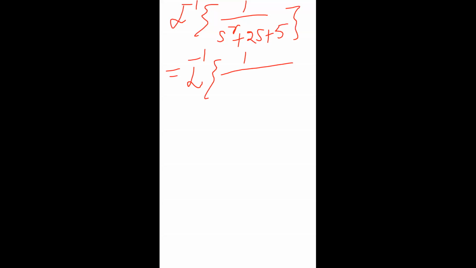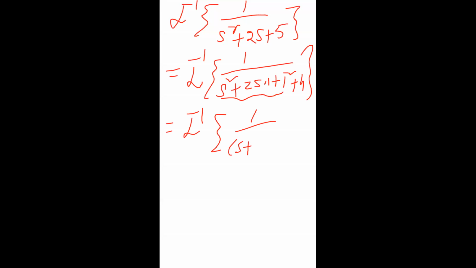So L inverse of 1 by s square plus 2s plus 5, we have to convert as 1 by s square plus 2s into 1 plus 1 square plus 4, in the a plus b whole square format. So here a is s, b is 1, so s plus 1 whole square plus 4. 4 is also written as 2 square.